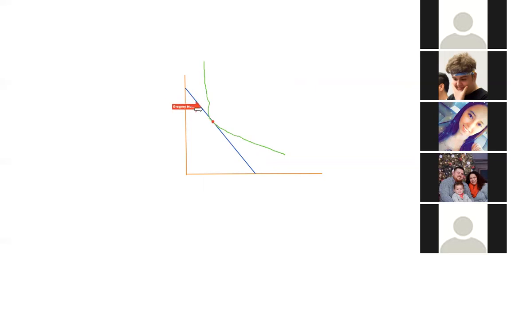Now I'm doing the slope of the budget line as I follow it along, but notice that slope, because it's a line, is constant, right?